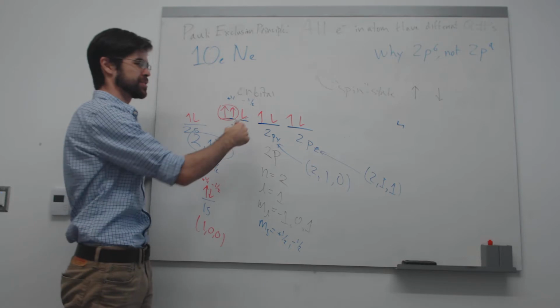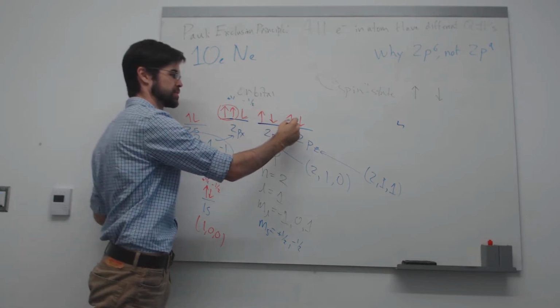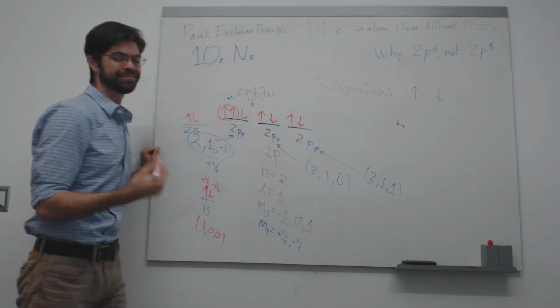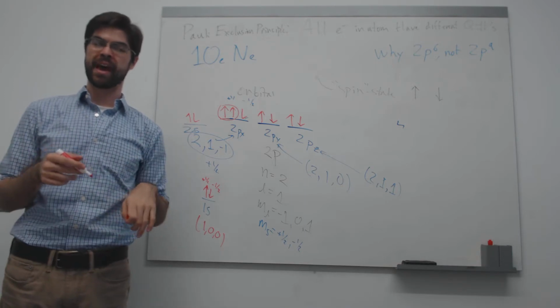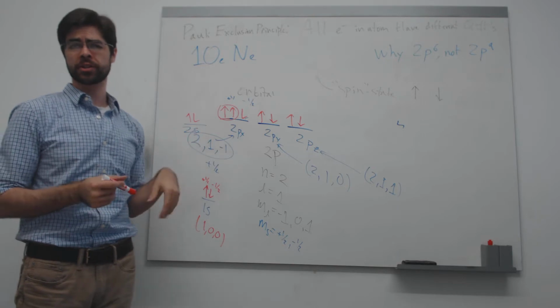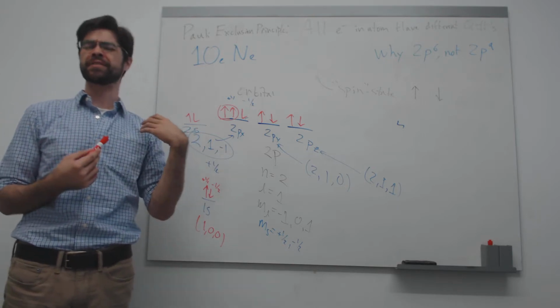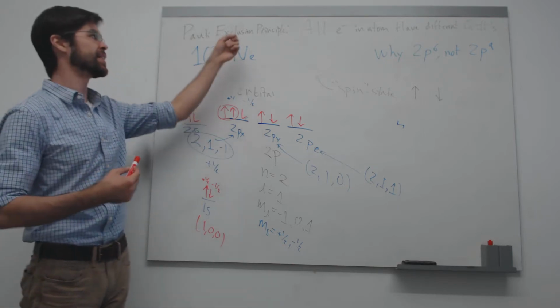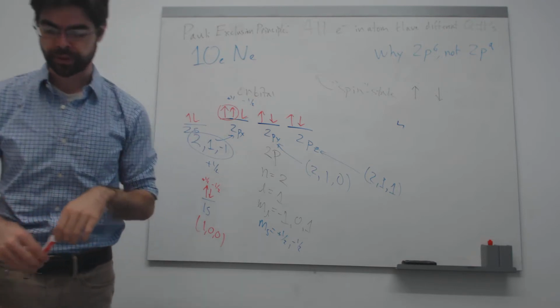Sorry, I sometimes have a tendency to write them with half arrows, just because it's a little faster. They can be full arrows, they can be half arrows, it doesn't matter. But if I did something like this, these 2 electrons would have the same exact set of quantum numbers, and that would violate the Pauli exclusion principle.